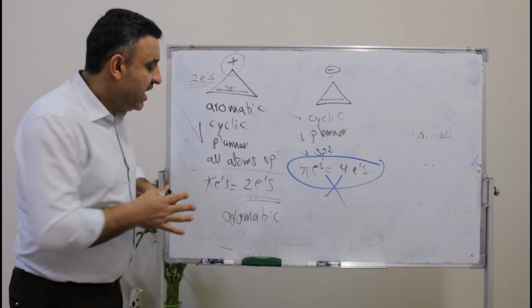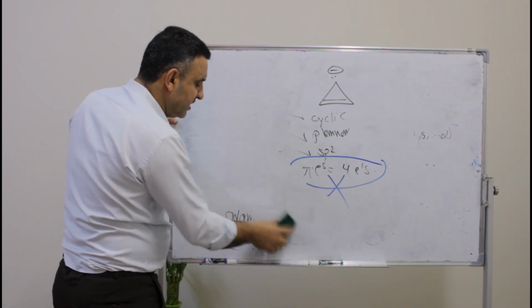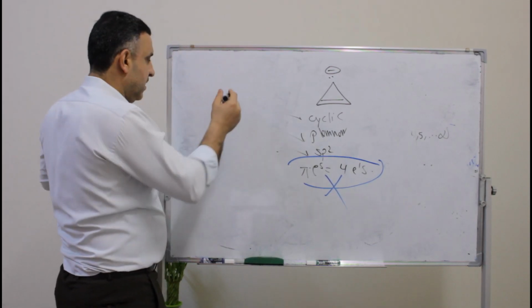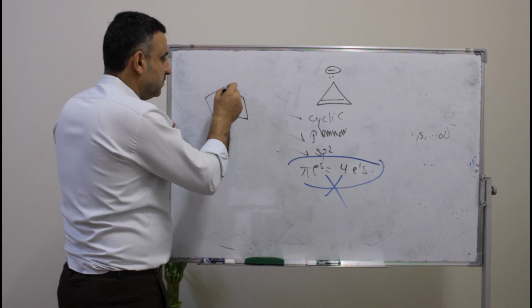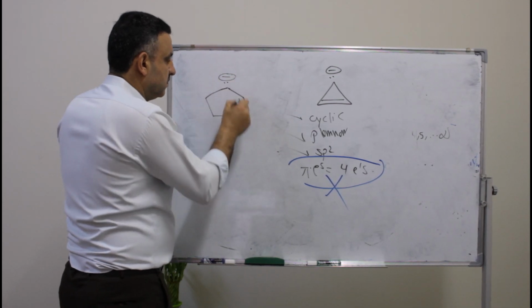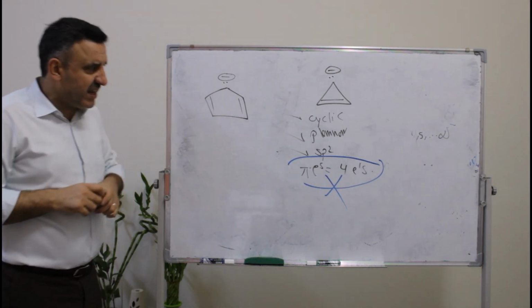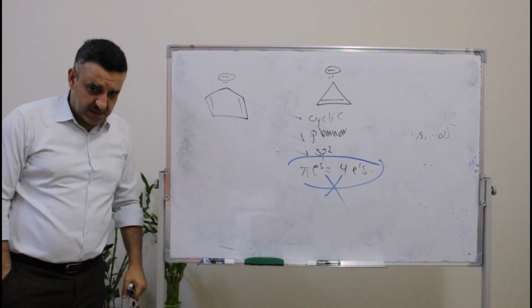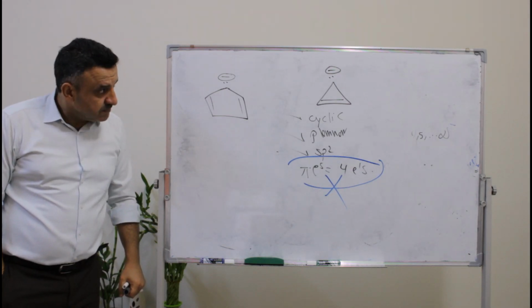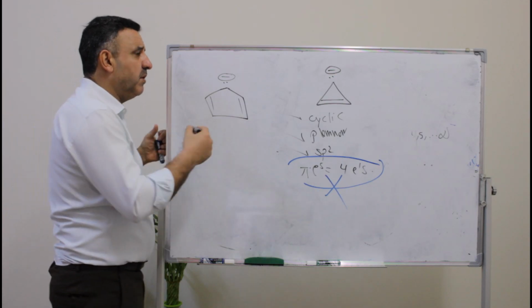Okay, let me just give you more examples. Take this anion as an example here. Is this species aromatic or not aromatic? Take 1 minute to think about it and then let me know. What do you think? Aromatic. First of all, let's make it together. Now, what are the conditions?